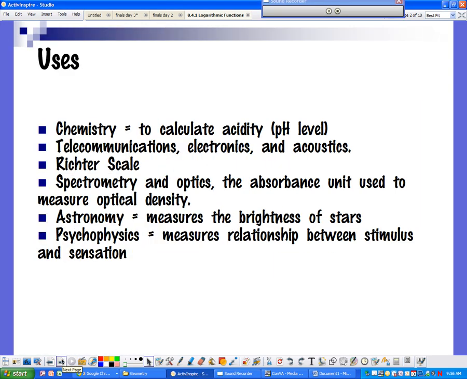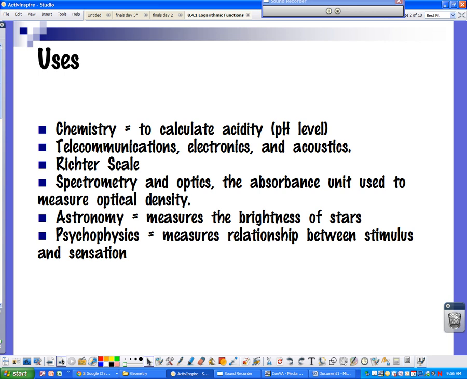Before we discuss these, there's a couple of things that I wanted to show you that logarithms are used for. The first one would be, for example, in chemistry, how to calculate acidity, in other words, a pH level. Most commonplace I've seen pH levels is in pools. Telecommunications with electronics and acoustics. The Richter scale, measuring earthquakes. Spectrometry and optics, the absorbance unit used to measure optical density.